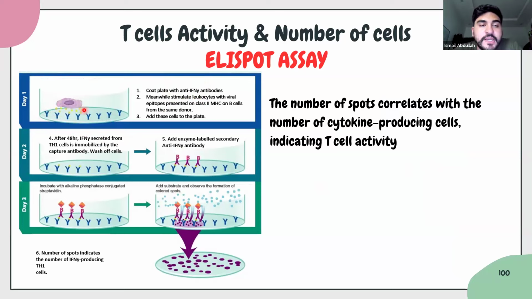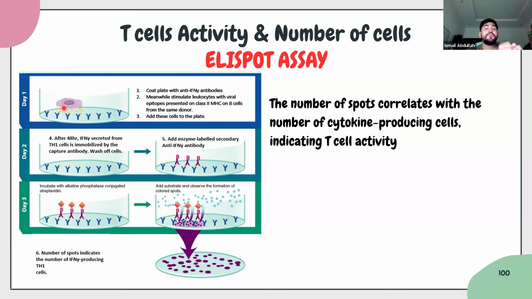Let's say they got this leukocyte, and they add stimulants to make it release this interferon gamma. For example, they can add epitopes from certain microbes. These antigens bind to the leukocyte and stimulate its production of interferon gamma.